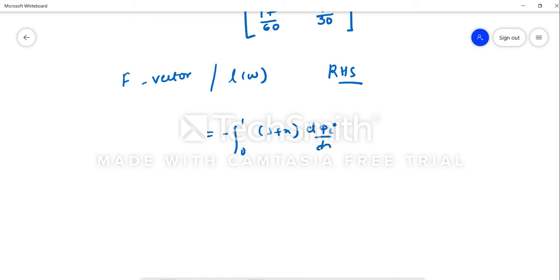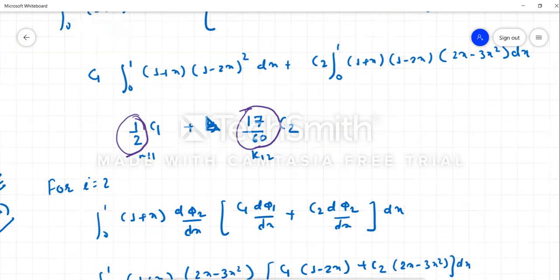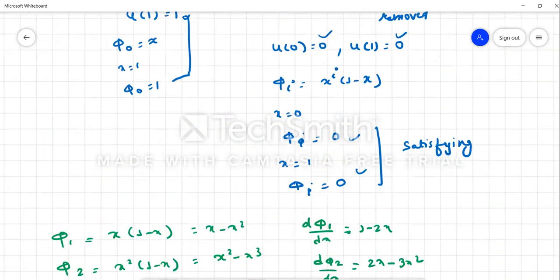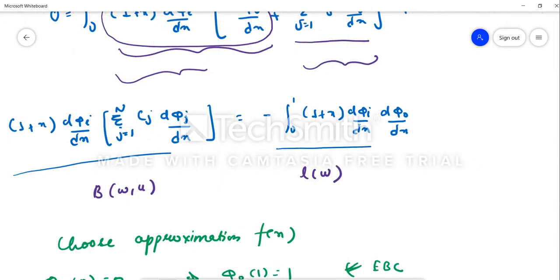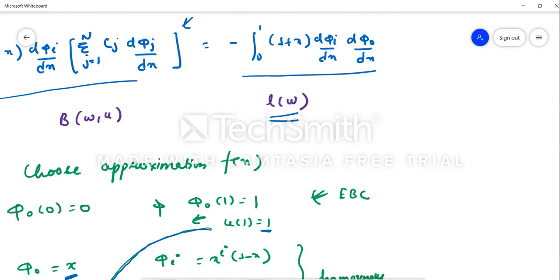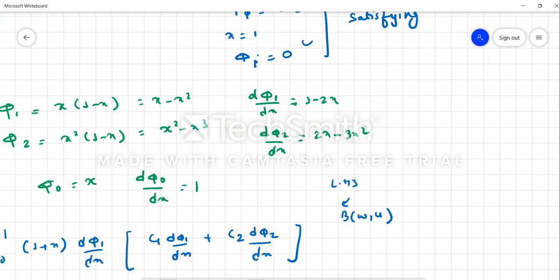Let me show you where we have written this. This is the LHS, or the linear functional. First we solve this for i equals 1 and 2, and now we will solve this L of w, which is the linear function of w.